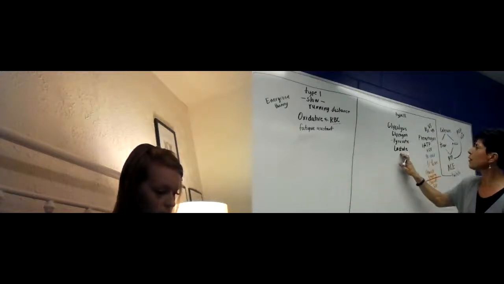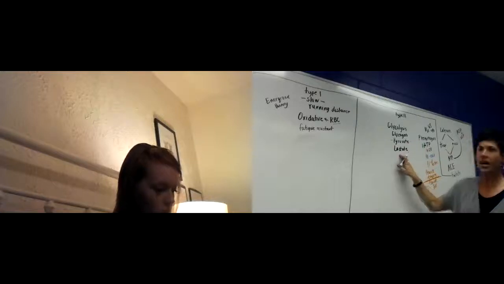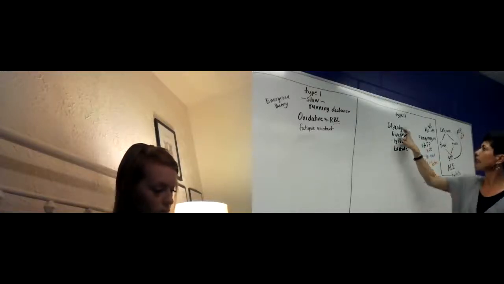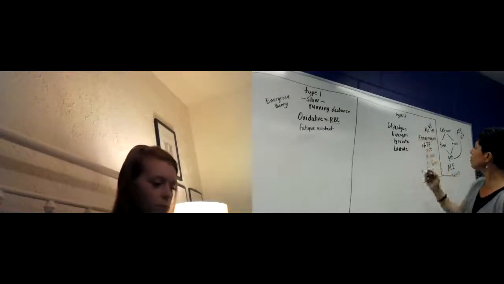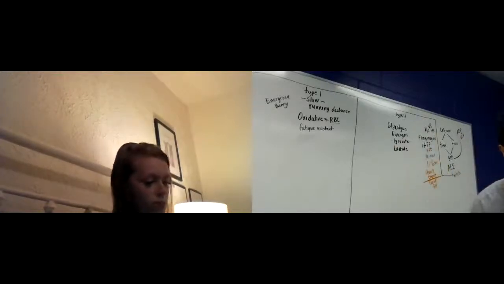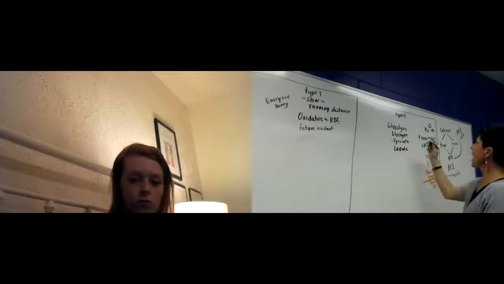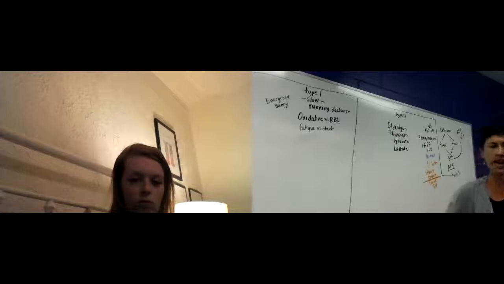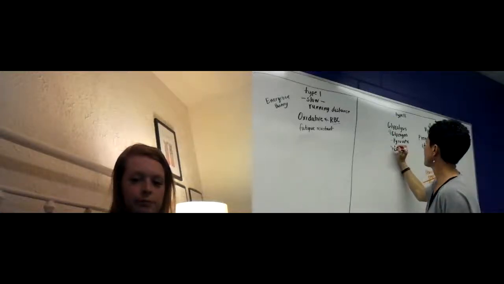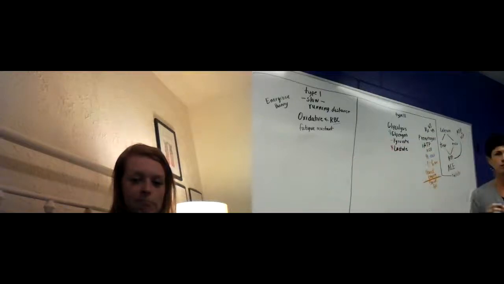But this is what we're calling the end product of glycolysis. Let's go back to our color coding. What I am burning is glycogen. The end product that I end up with is lactate. Got it?